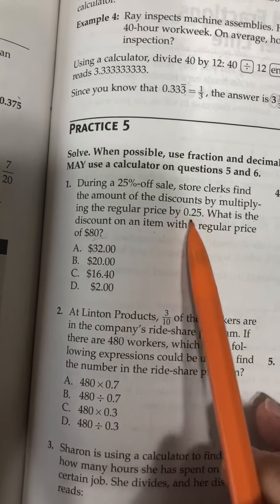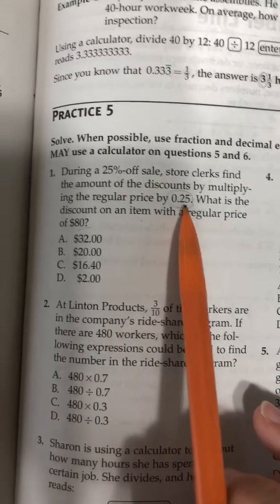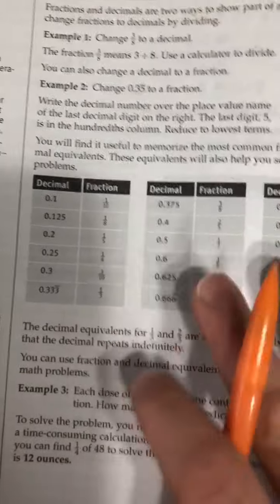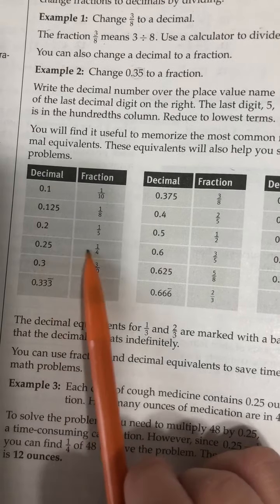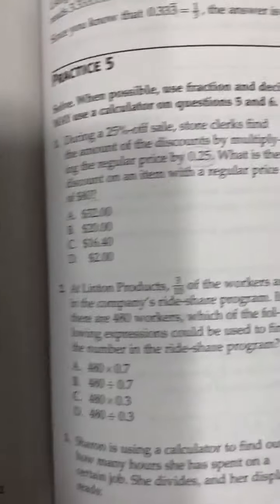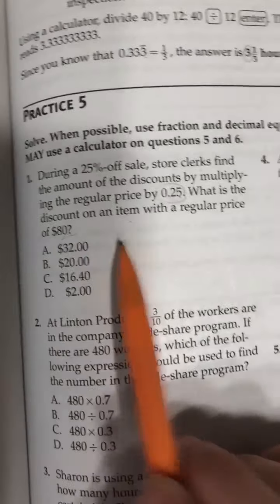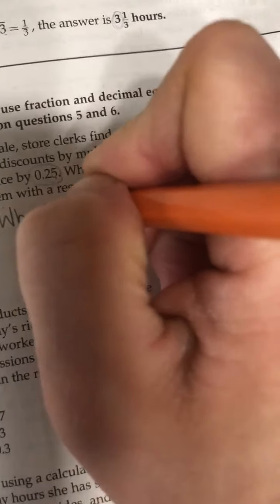Now we know this is 25%. 0.25 as a fraction is part of those fractions that we were told are helpful to memorize. So 0.25 as a decimal is equivalent to 1/4 as a fraction. So this is basically asking, what is 1/4 of 80?